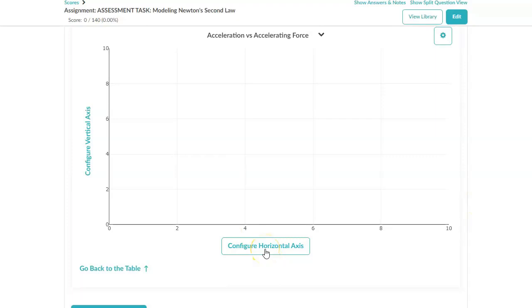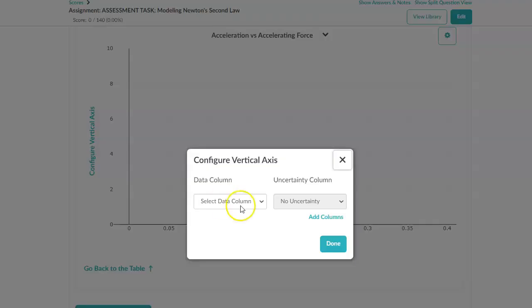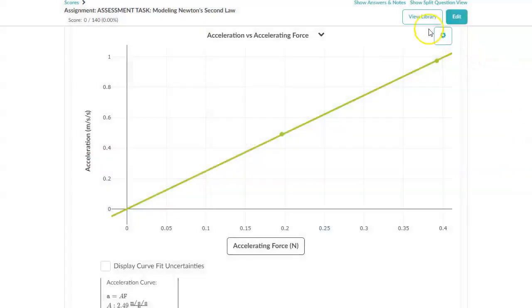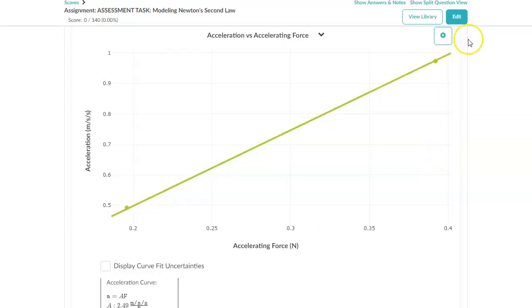Okay, so I simply have to plot the accelerating force, so force is on the x-axis and the y-axis is my acceleration. That's acceleration on the y-axis for both part A and part B. So I'll go done, and then I'll go to here, and if it's not on the origin, I want to make sure it says, I've already selected that before.